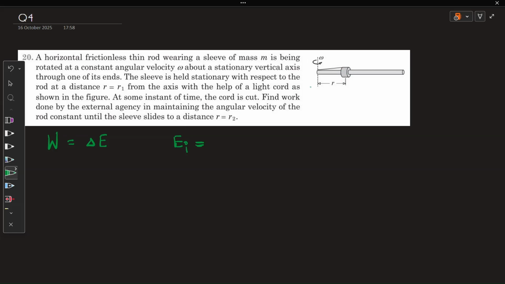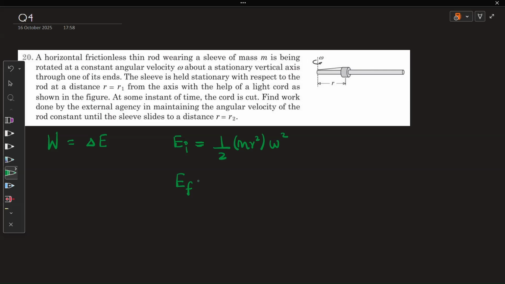We consider the initial energy of this particular sleeve. It is completely rotational kinetic energy, and there is no translation along the rod at the initial case. So it's half m r square, which is I in this case, into omega squared. Half I omega square is the initial energy.